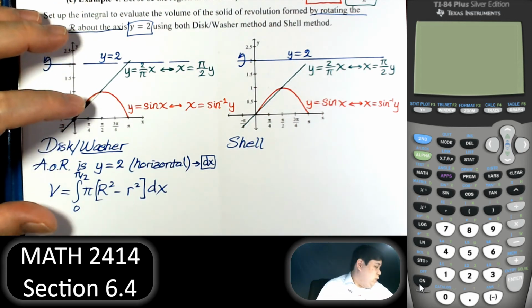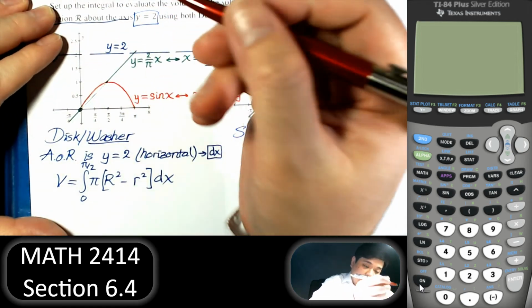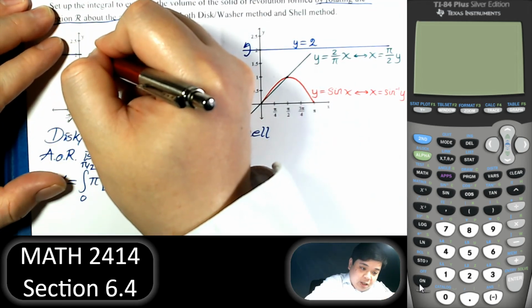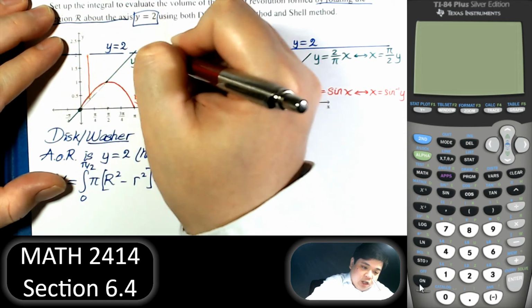Right, what is the big radius? The big radius is from the axis of rotation to the outer edge. The outer edge is the line.